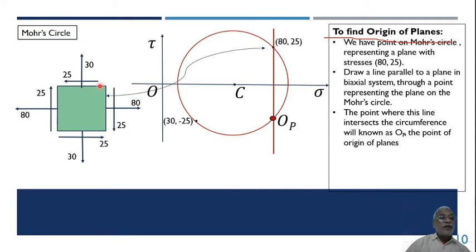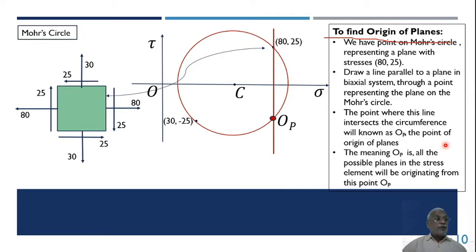If you draw a line parallel to this, that is a horizontal line, through this, you will end up with the same point OP. You can take vertical or horizontal, but with the corresponding point and corresponding plane, and then parallel lines drawn, you end up with the same OP or origin of planes.